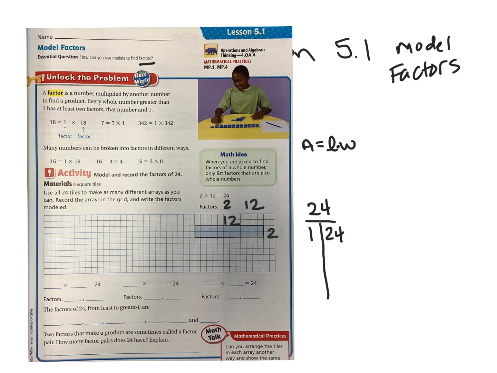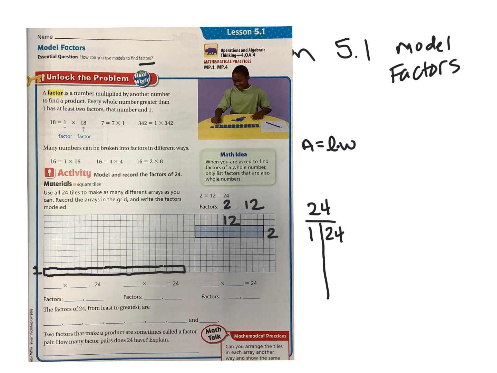Let me draw that. I'm going to do that down here to give me the most room. So I have 1 times 24: 1, 2, 3, 4, 5, 6, 7, 8, 9, 10, 11, 12, 13, 14, 15, 16, 17, 18, 19, 20, 21, 22, 23, 24.